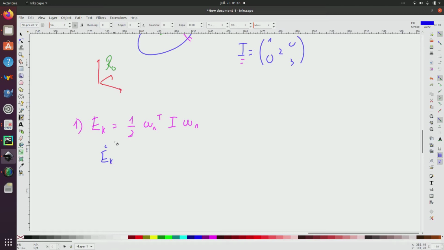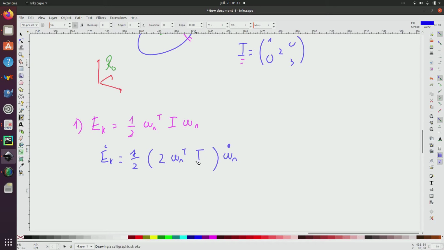The derivative is equal to the derivative of this one, and it will be half the derivative of omega r, like this. Here it is a quadratic form with respect to omega r, so I apply the formula of the derivative of the quadratic form, and it is given by this. It is linear with respect to omega r.